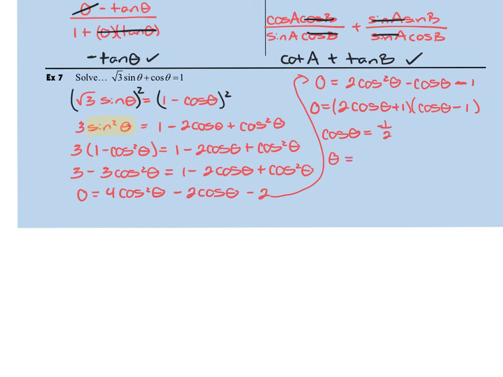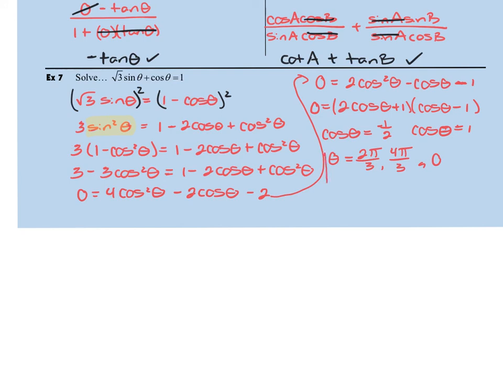So theta could be 2 pi over 3 and 4 pi over 3. Or my cosine theta could equal 1. So my other potential answer could be 0.